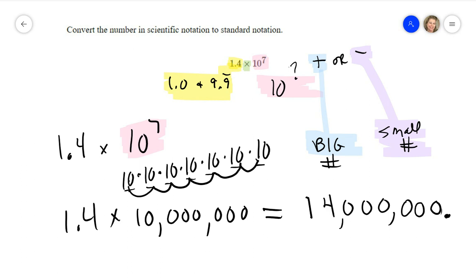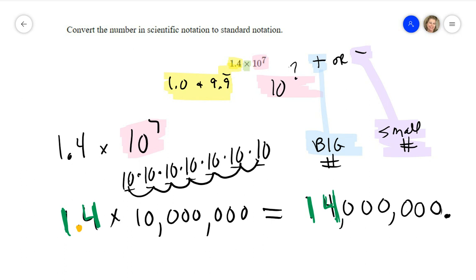Because if I compare these, I started with a 1.4. Here's a 1, there's a 1. Here's a 4, there's a 4, right?